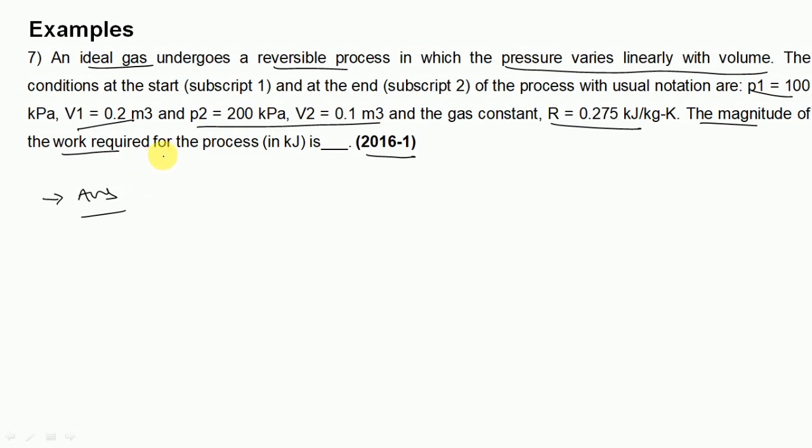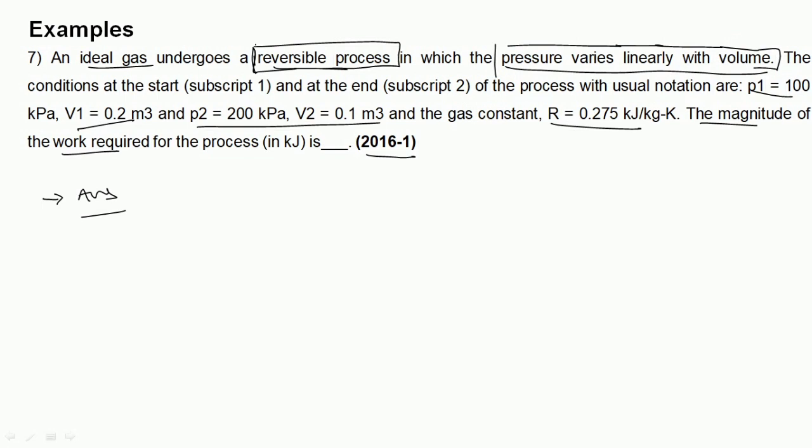So how can we find the value of work over here? Because here the process is a reversible process. First of all, we need to understand this, and second, pressure varies with the volume. Here pressure varies inversely with volume.